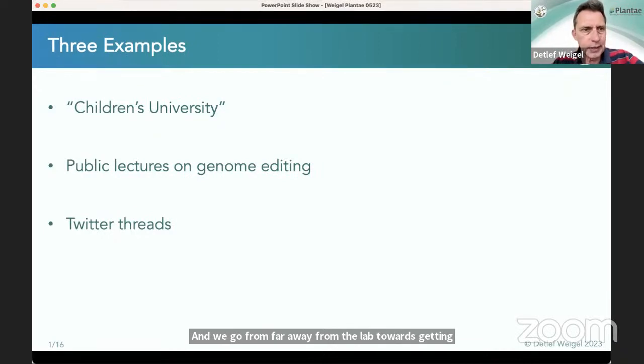The first example will come from what is called the Children's University. Here in Tübingen is where this started. This is now all over Germany, where researchers give lectures in a university-style setting, but geared to children at different ages.